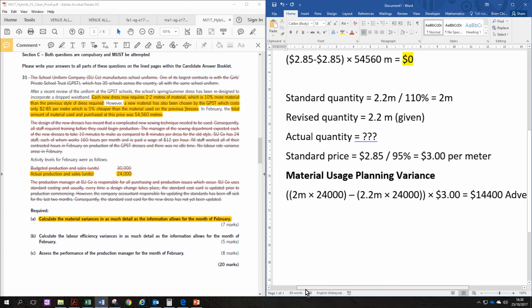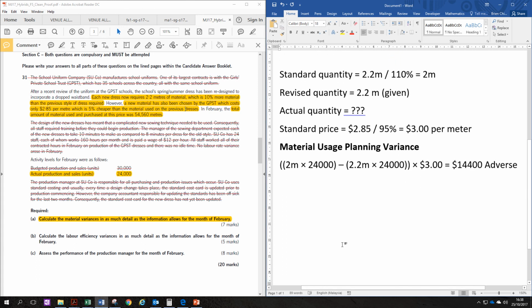Now, why adverse? Because 2.2 meters is more than 2 meters. So you will be consuming more material. That's why you need to spend more money for that. So that's why the answer is adverse.